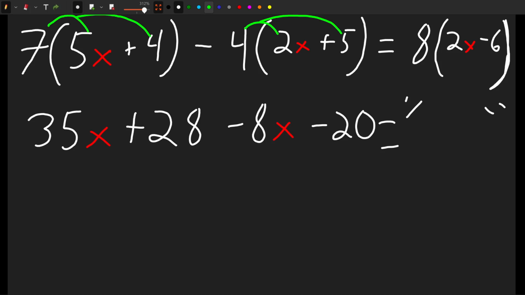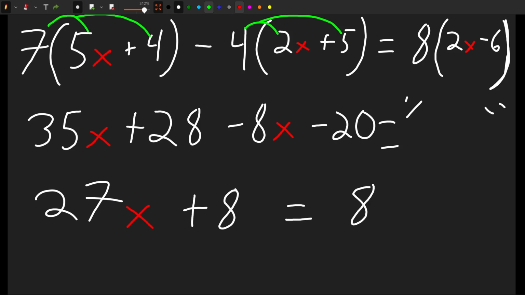So 35 minus 8, that gets me, what is that, 27x? 28 minus 20 gets me just a plus 8. And now I'm going to bring down what I had on my right-hand side, 8 times (2x minus 6).